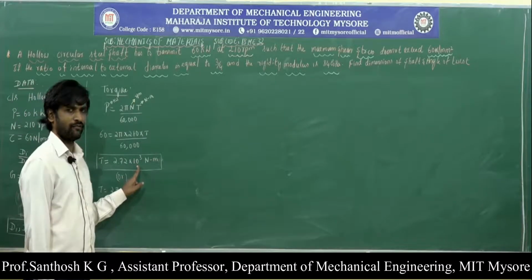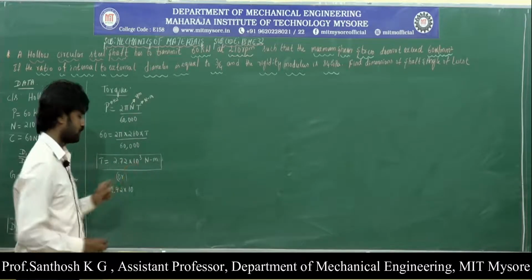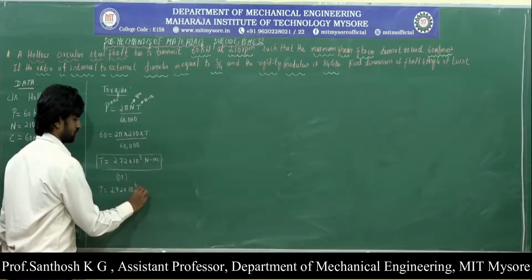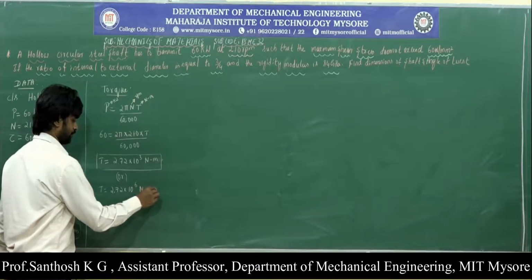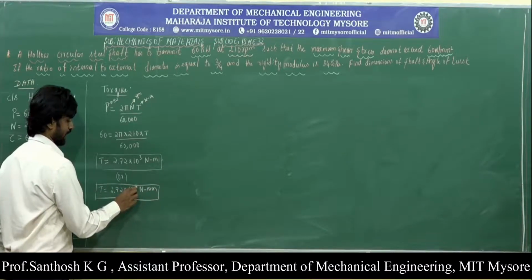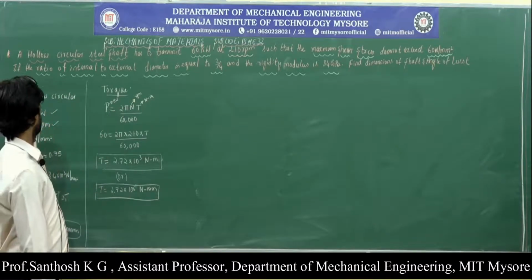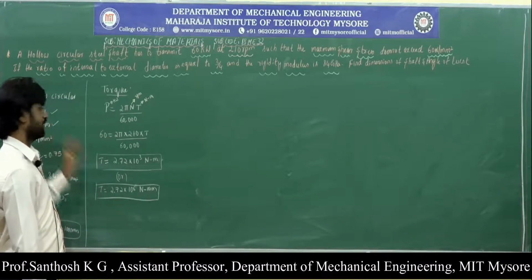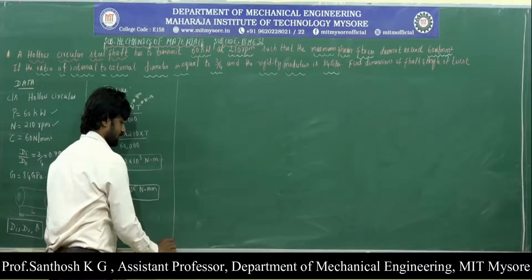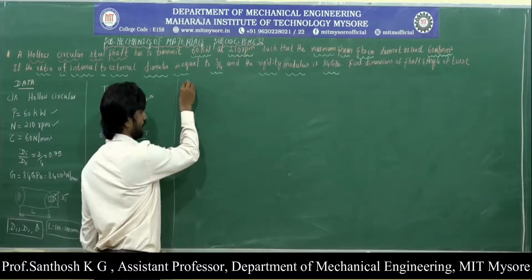We already have 10 to the power of 3 here, so multiplying by another 10 to the power of 3, I will have 10 to the power of 6 Newton millimeter. This is the amount of torque that the shaft is going to transmit when it is rotating at 210 rpm.